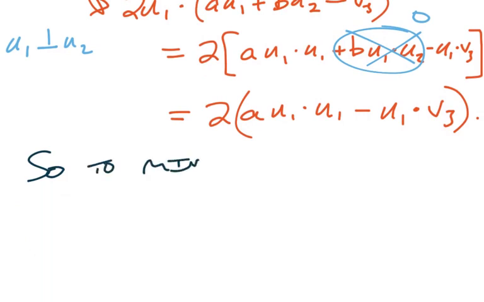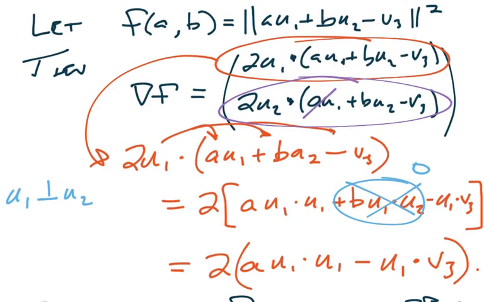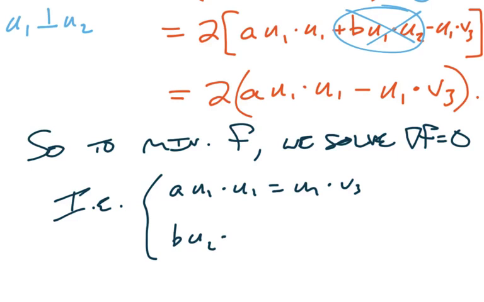So to minimize f, we want to solve gradient of f equal to 0. So, setting these 2 equations equal to 0, right, the 2 components of the gradient, which we just simplified a little bit, gives us the following. The first one says that a u1 dot u1 should be equal to u1 dot v3, and the second one says that b u2 dot u2 should be equal to u2 dot v3.